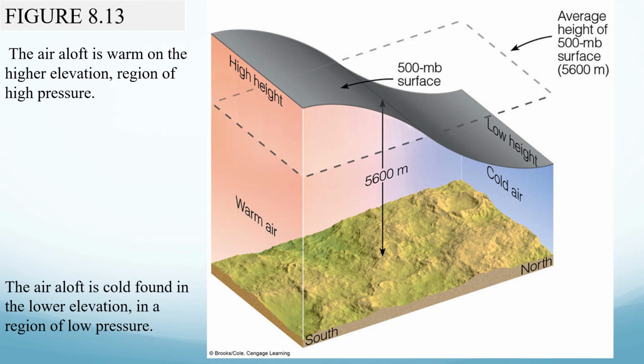So although the contour lines are lines of constant height, keep in mind that they illustrate pressure, the same as isobars. So contour lines of low height represent a region of low pressure, and contour lines of high height represent a region of high pressure.